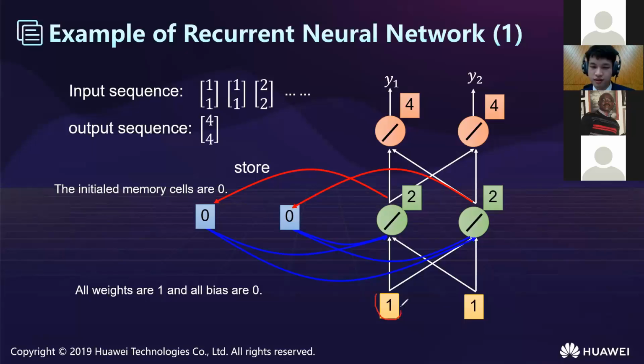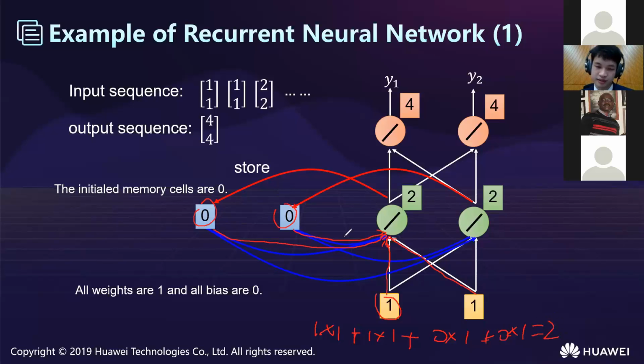We use 1 multiply the weight here, so 1 multiply 1, add 1 multiply 1. Add the value in the memory cell multiplied by the weight here, so 0 multiply 1, all the weights are 1. And use the value in this cell multiply this weight, so 0 multiply 1, and we will get 2, right?